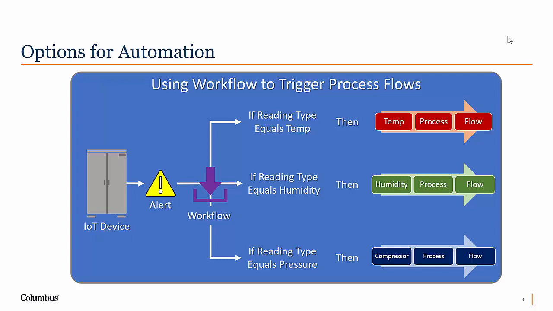So you can read the temperature, you can read the humidity, you can read the pressure, and then run a process relative to that particular reading to make a decision automatically. And these decisions can be automated or manual.